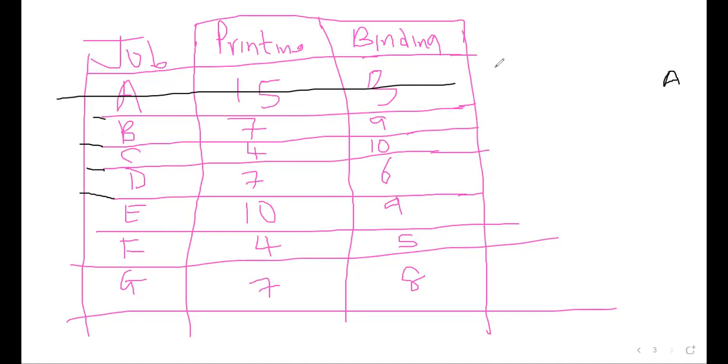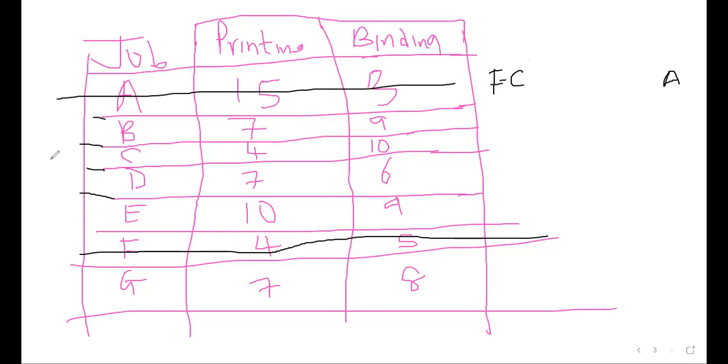So we'll start with F, because F has the shorter binding time of 4. I'm canceling because we don't want to duplicate. The smallest time remaining is 4. So 4 is in printing, you do the job first. So C follows F.